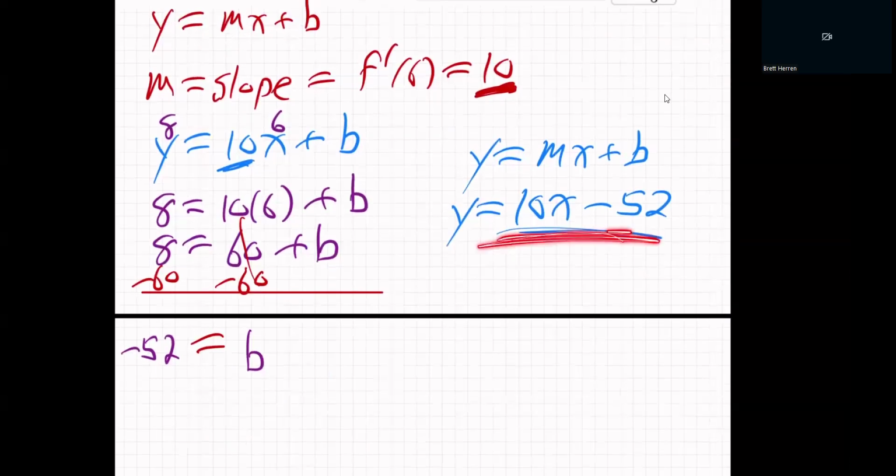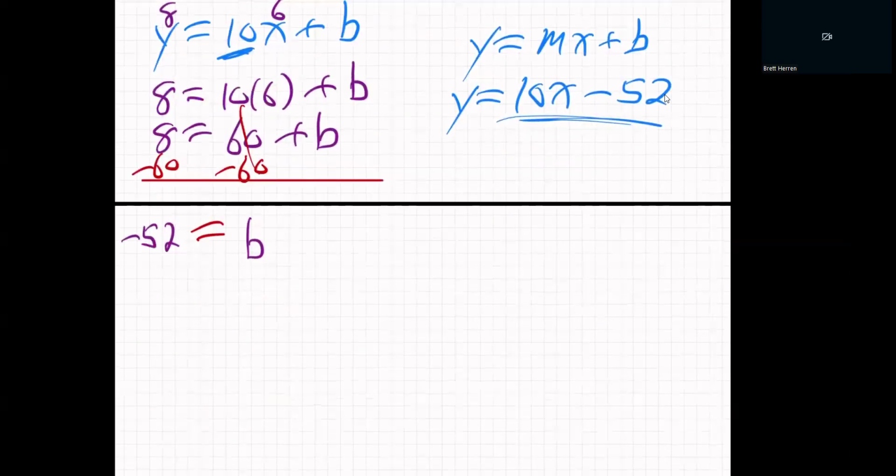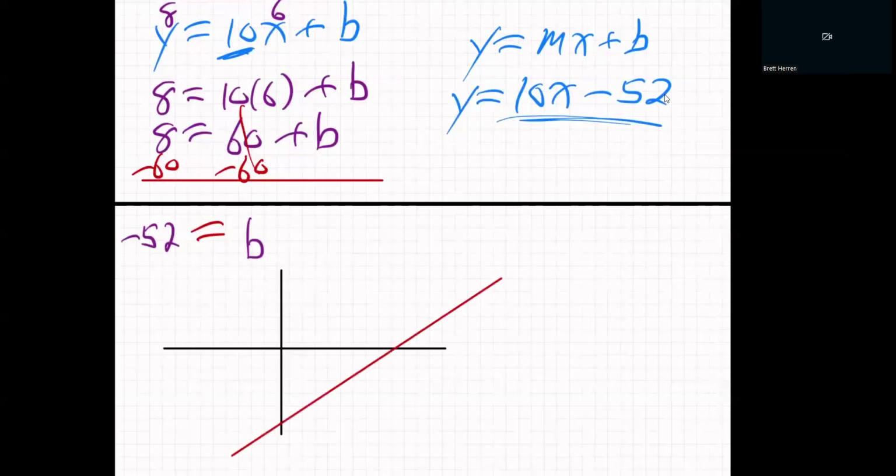So now the second part, the tangent line will hit the x-axis. Well, how do you know when this is going to hit the x-axis? Well, you know that. A graph, this is a line, right? With a positive slope. So in other words, this is a line that does something like that. So it hits the x-axis when y is 0.